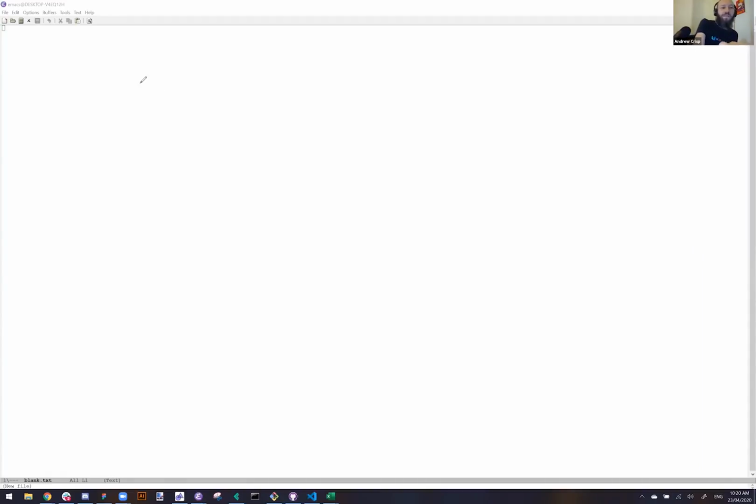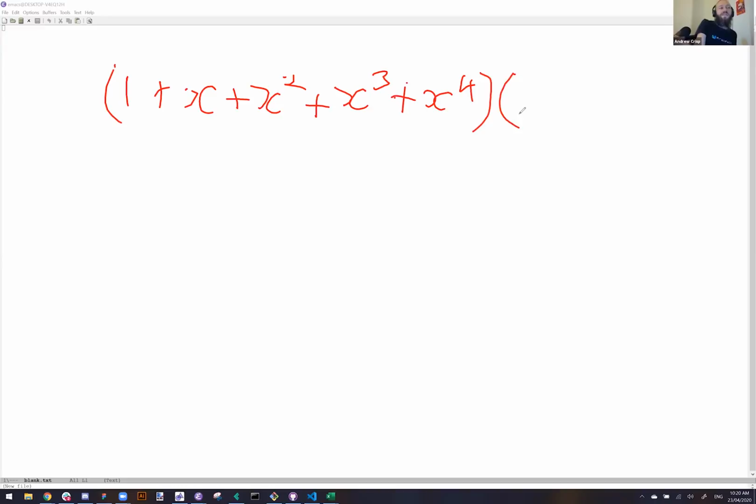Okay, so let's take 1 plus x plus x squared plus x cubed plus x to the 4. We've got this long sum, and we take it and we multiply it by the same trick as before, 1 minus x. And what we're going to get is the same sort of a pattern.